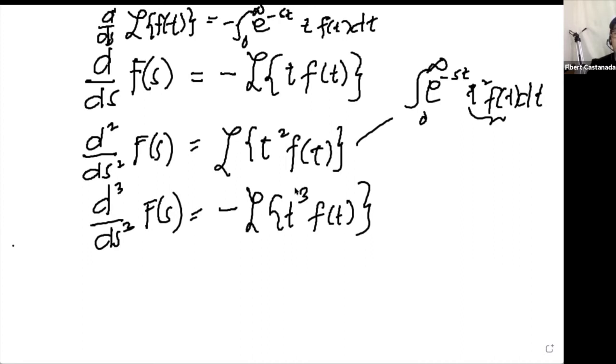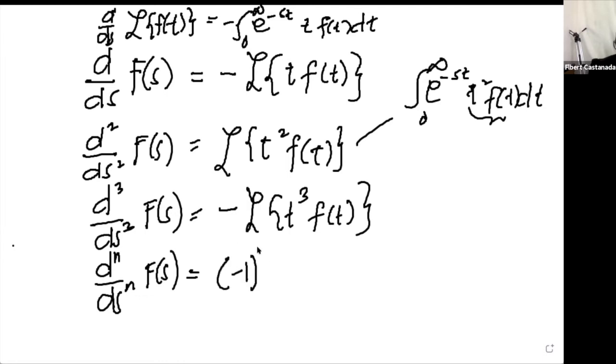So it's alternating yung factor. Negative, positive, negative, positive. So it means that for the nth derivative of the Laplace transform, we have a negative 1 here raised to n.